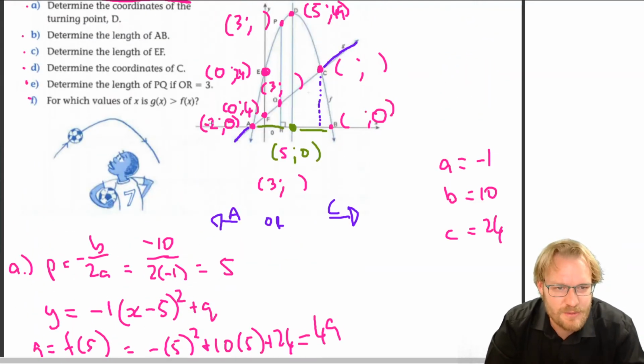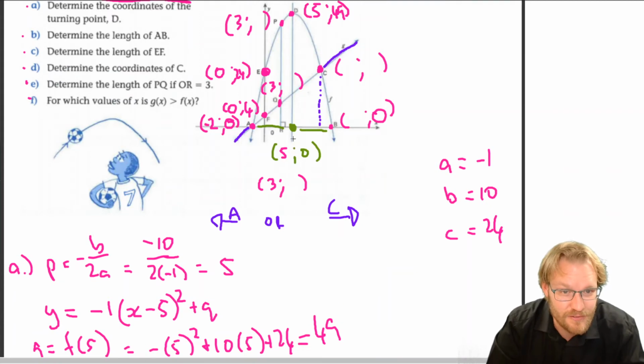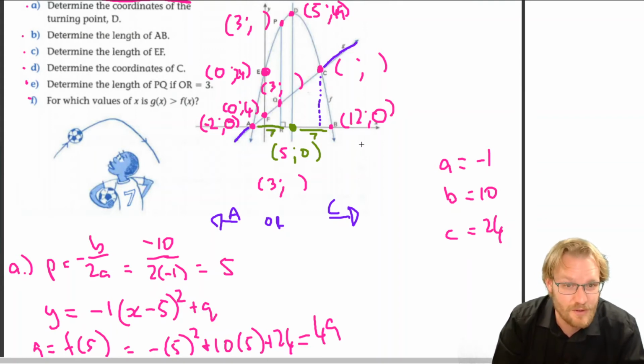Okay, so if that's minus 2, 0, and this point's 5, what's this green distance between A and this middle bit? Well, minus 2 to 5 gets me 7. So if that distance is 7, this distance must be 7 as well. So if that was sitting at x equals 5 and we're adding 7, then this distance here is 12.